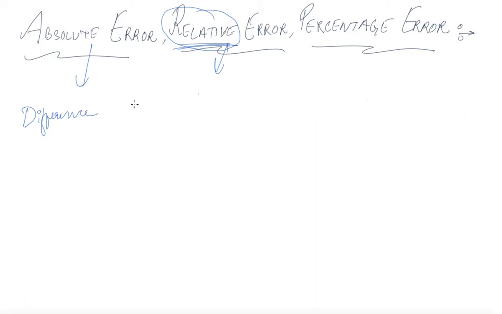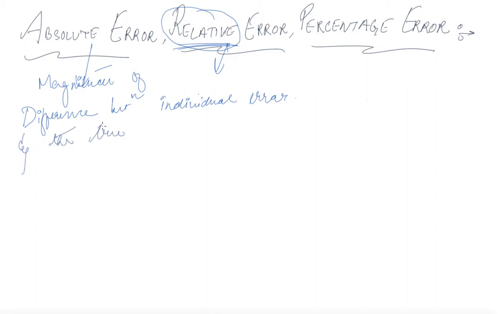It is a difference between the individual measurement and the true value of the quantity.